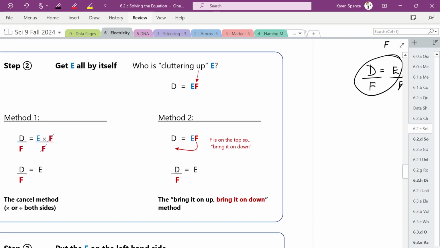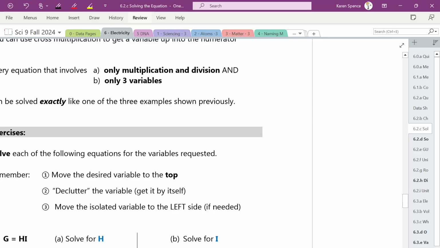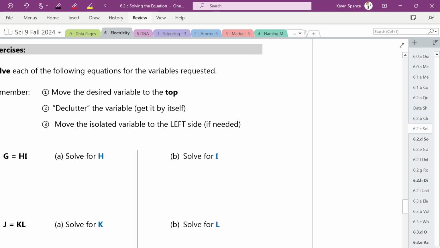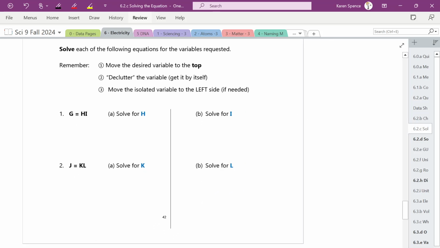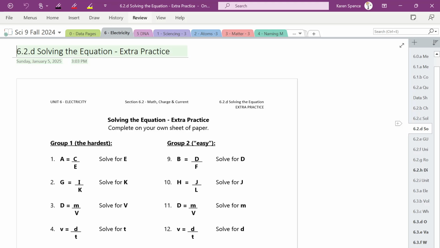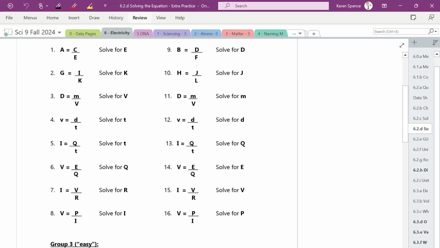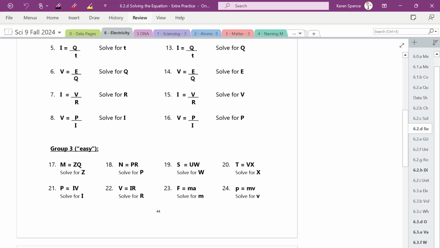What you're going to do in order to prove that you can do it is you're going to try these exercises on pages 42 and 43. If you have already done that, you can try 6.2D.